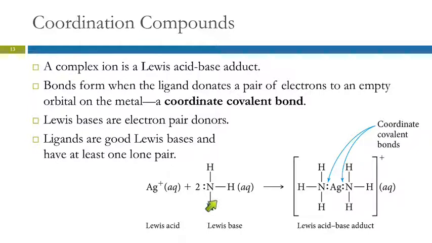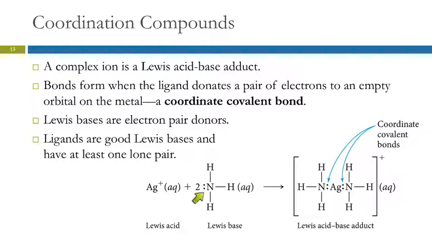And so we see the nitrogen here. It has a lone pair. And it's that lone pair that nitrogen is going to share with silver. And silver's fine with that because it's got a bunch of empty orbitals. Like, yeah, you can put your two electrons in my empty orbitals, and then we'll be good friends. Right?